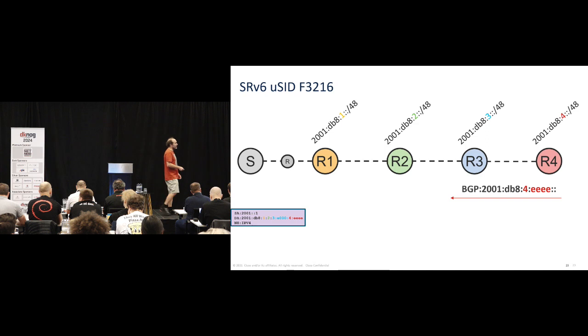So it will build the packet exactly this way. It will put a set of micro-SIDs into the SRv6 container and prepend that by 32 bits of the SRv6 micro-SID block, and that's it.